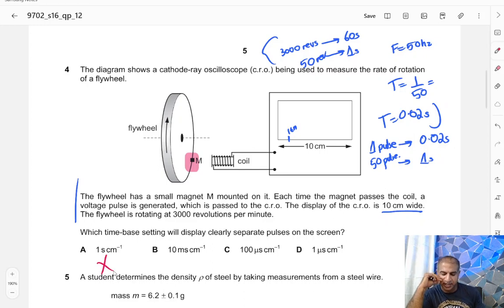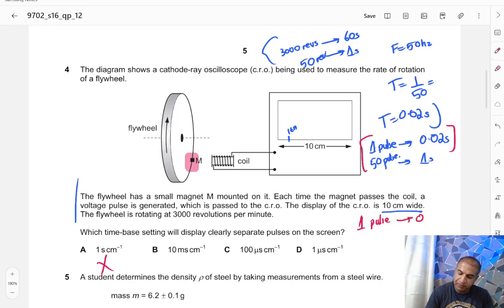So let's just look at the second one, 10 milliseconds. I already have the working over here, so I'm just going to copy paste this. We have one pulse is to 0.02 seconds. And this time we have 10 milliseconds, so 10 into 10 raised to power minus 3 seconds.